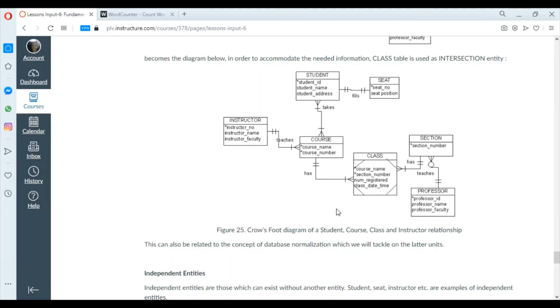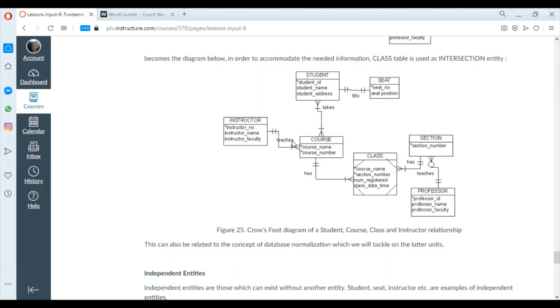And then always remember that when using crow's foot, we are always having two pluralities, except for the one or one. Basically, that's just one.